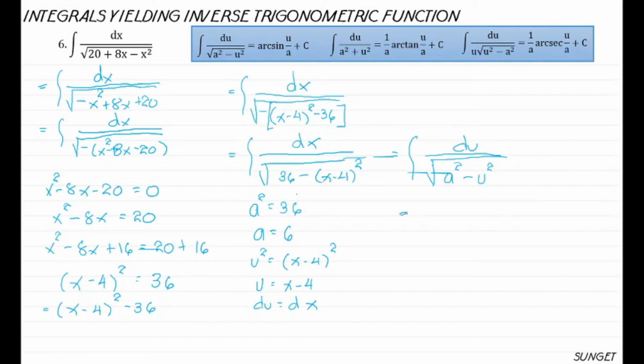We have arc sine of u over a plus c. Then substitute the value of u and a. So arc sine of x minus 4 over 6 plus c. So the answer is arc sine of x minus 4 over 6 plus c.